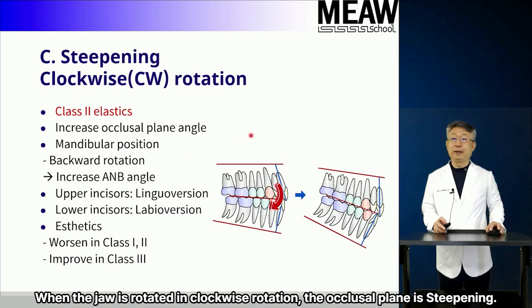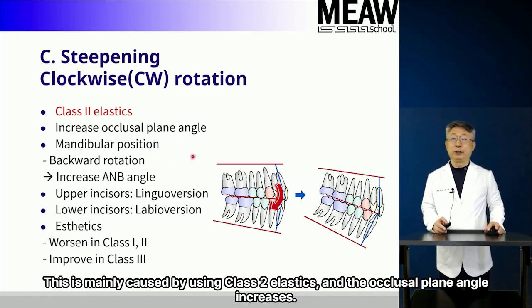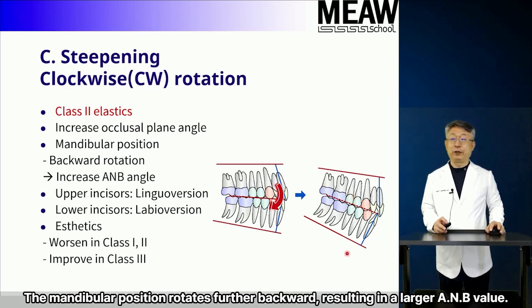When the jaw is rotated in clockwise rotation, the occlusal plane is steepening. This is mainly caused by using class 2 elastics, and the occlusal plane angle increases. The mandibular position rotates further backward, resulting in a larger A and B value.